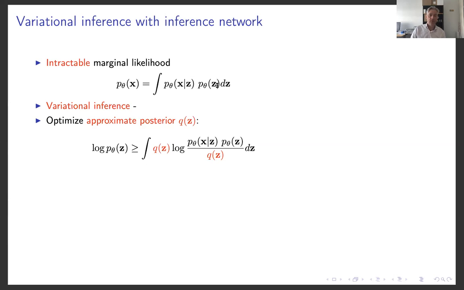You can imagine that this distribution is very spiked around values of C that explain the data, and it's very hard by some kind of random sampling method to actually find that point.